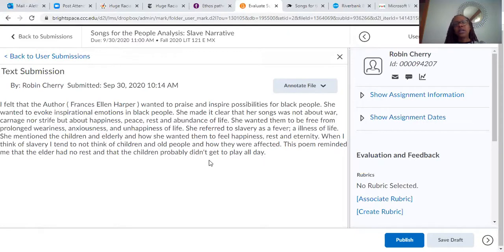So we know when we can talk about slavery literally, but in the poem, she definitely made figurative references. So again, you pointed out, Robin, talking about slavery as fever, this illness of life. That's exactly how the slave narrative attempts to present slavery, as this horrific and almost uncivilized ill of life. So good.